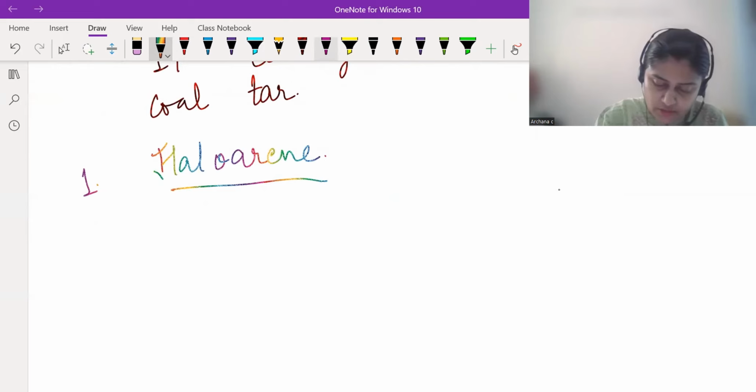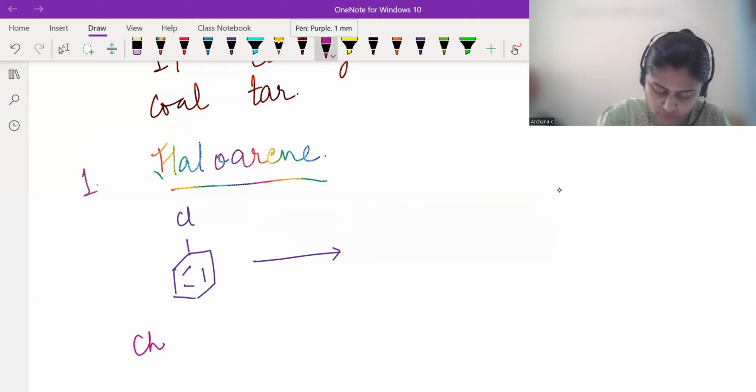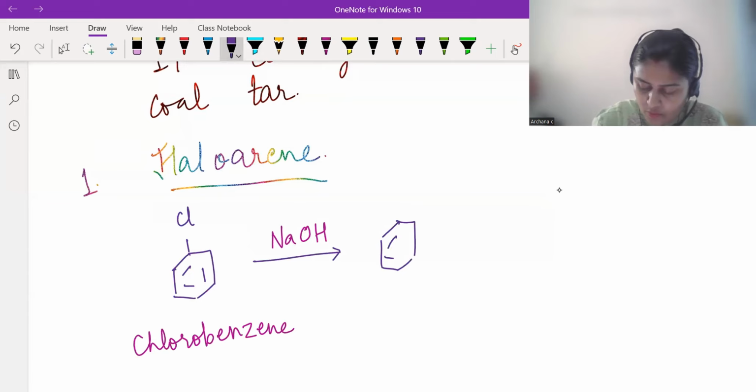So we have the benzene ring to which chlorine is attached. This chlorobenzene, when treated with NaOH, what we obtain is sodium phenoxide.